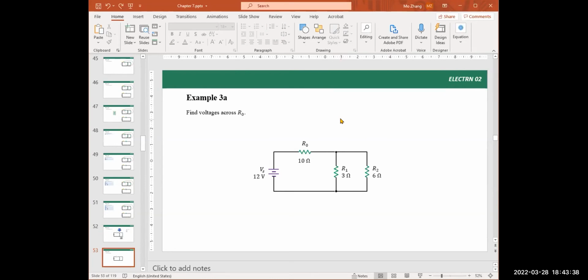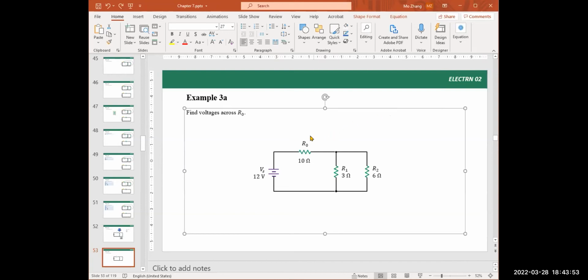Let's think about it. Let's spend 1 minute and see if you can get a clue about finding the voltage across R0. So how can we find it? Let's call it V0.